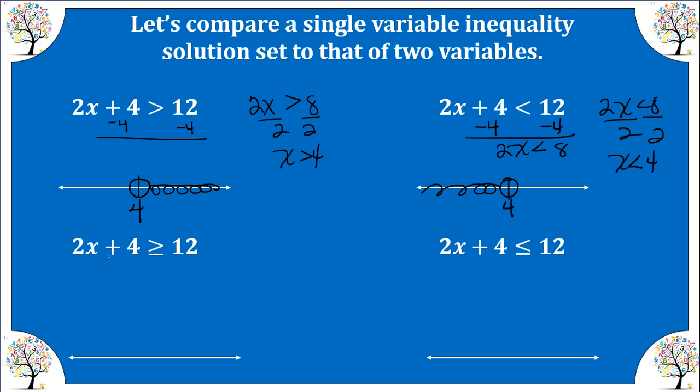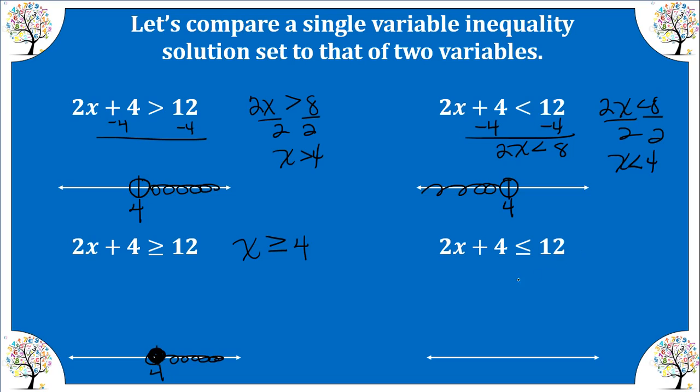We have the same inequality, except the symbol is x is greater than or equal to 4. So this time, our boundary number 4 is included, so we shade it in, it's closed, and then all the numbers to the right because my solution is greater, so we shade the upper half.